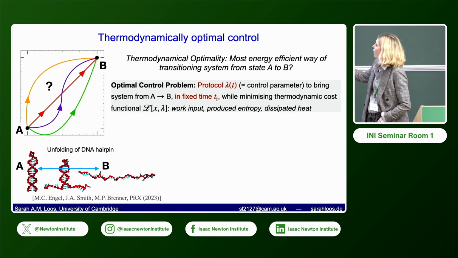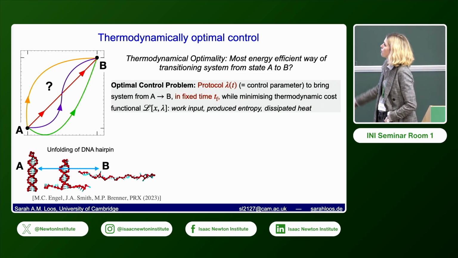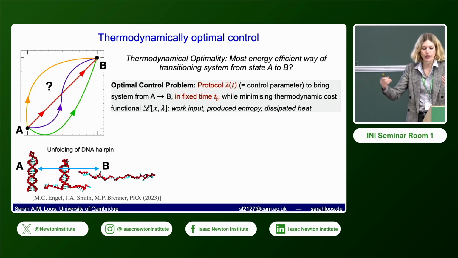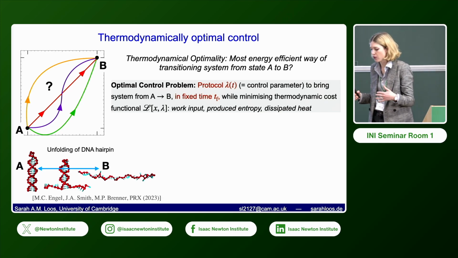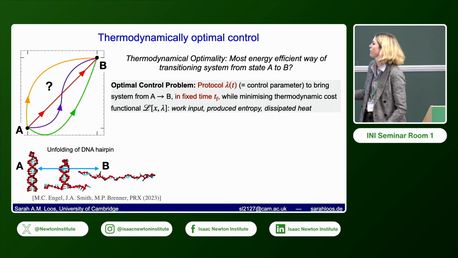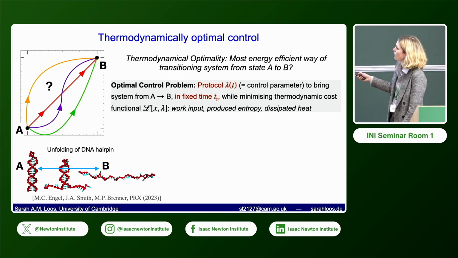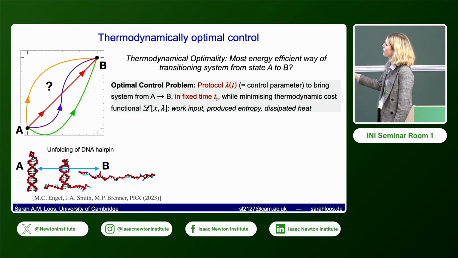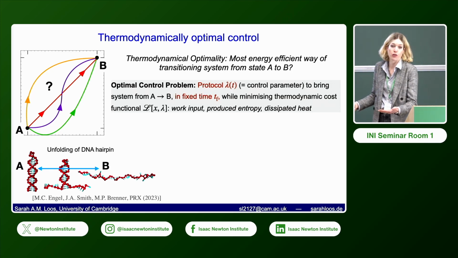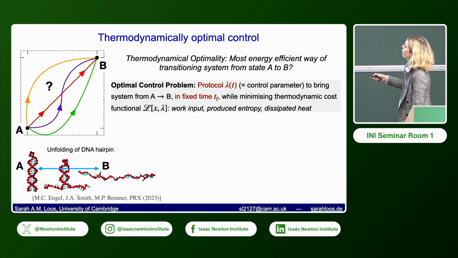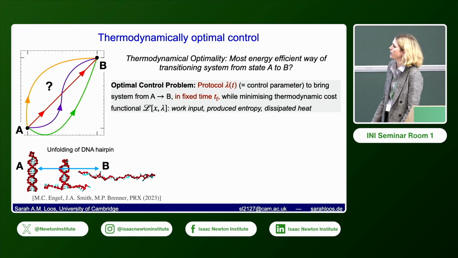And you would look for the protocol that does this. So the protocol would be some sort of external control, some sort of external forcing, a force field or something as a function of time. And we are focusing on solutions that do this in fixed time, t_f, while minimizing some costs. And this cost functional would now be chosen to be a thermodynamic cost functional, such as the work input, the produced entropy, or the dissipated heat.